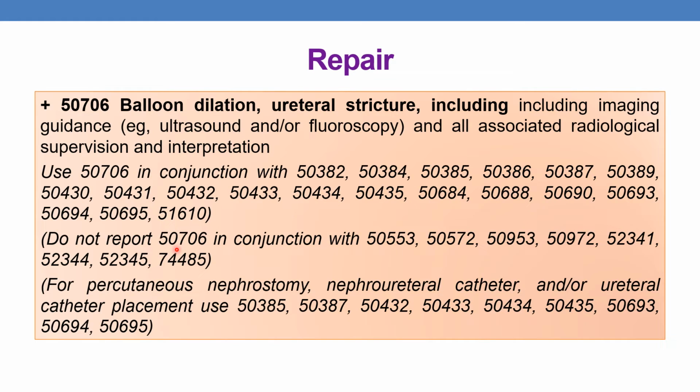Do not report 50706 in conjunction with these CPTs: 50553, 50572, 50953, 972, 52341, 52344, 52345 and 74485. And for percutaneous nephrostomy, nephroureteral catheter and/or ureteral catheter placement, use 50385, 387, 50432, 33, 34, 35, 693, 694 and 695.